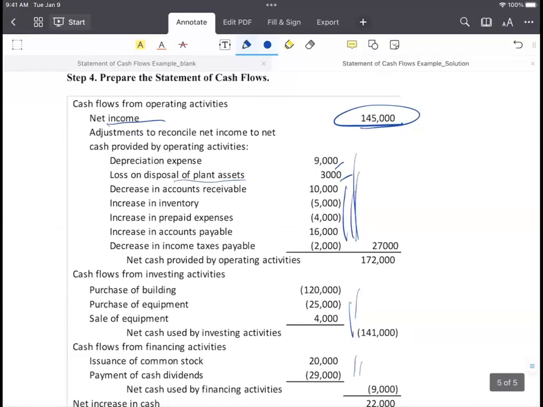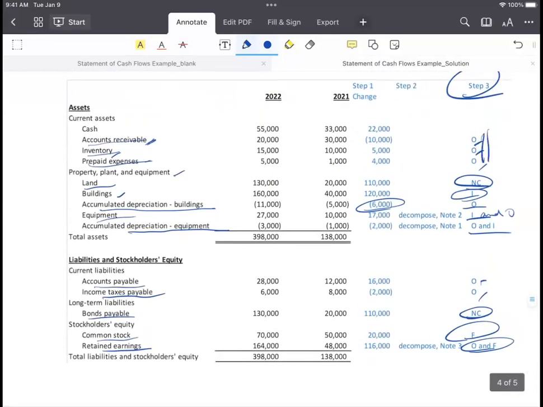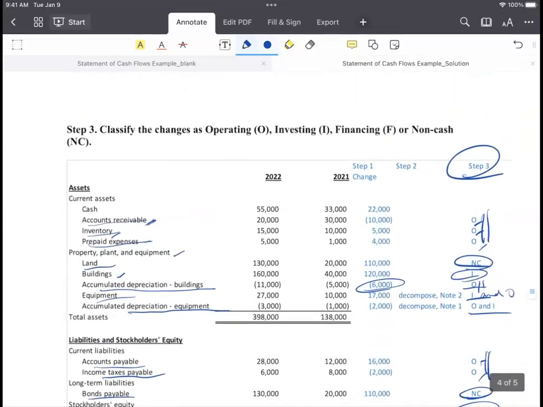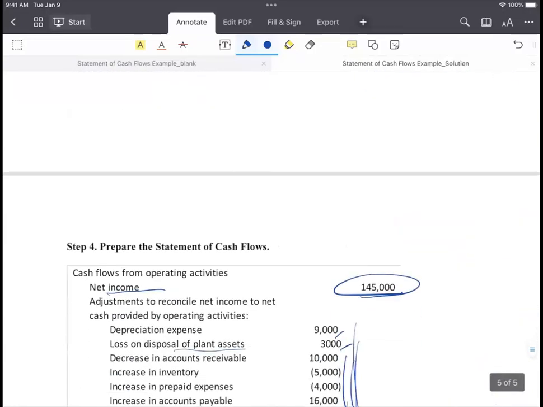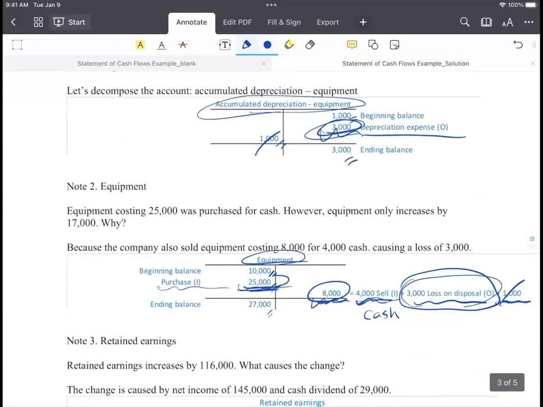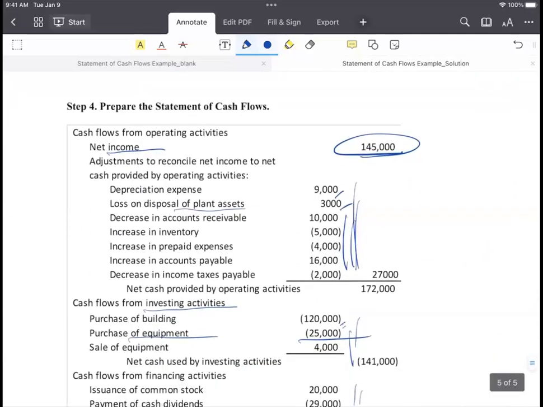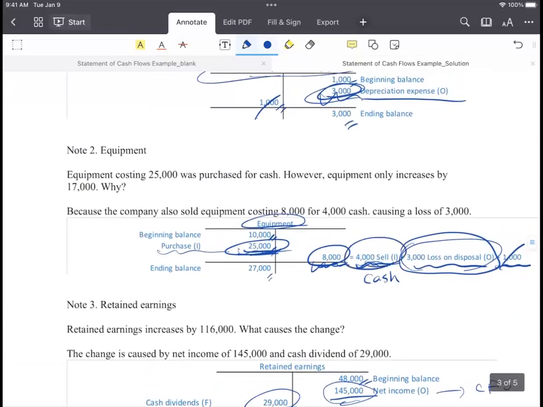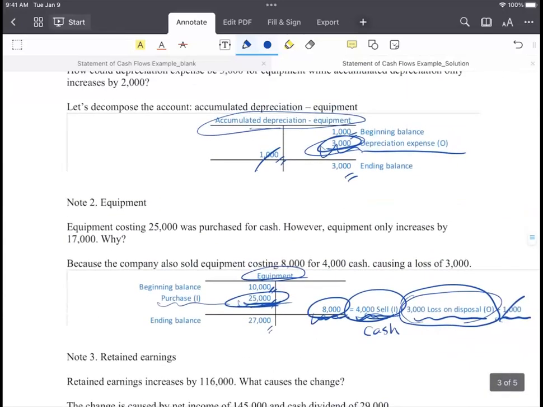Everything else we just take directly from the firm's balance sheet, the change in those accounts. And then cash flow from investing activities: purchase of building, 120,000; purchase of equipment, 25,000; sale of equipment, 4,000. So actually everything is going to find a home on the firm's cash flow statement.